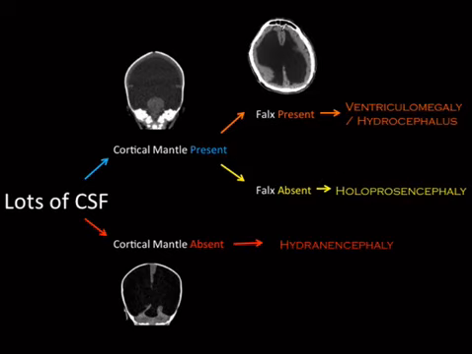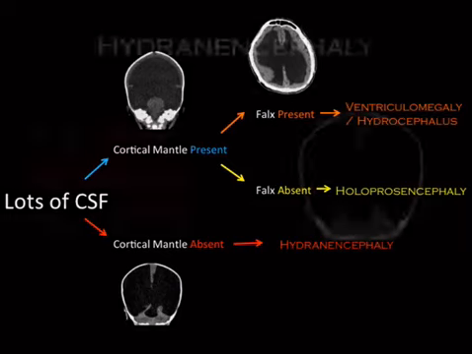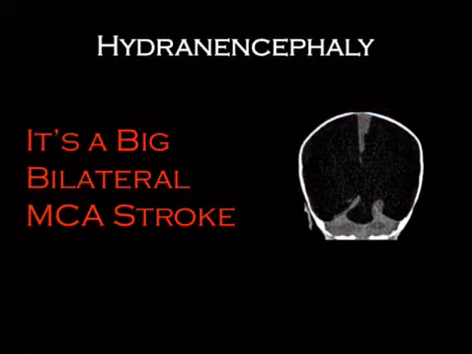If it's absent, remember the falx is a midline structure, holoprosencephaly is a midline problem, then that is what's going to lead you in the direction of holoprosencephaly. So as I mentioned earlier, hydranencephaly is just a large bilateral MCA infarct, and that's why it goes all the way out to the end. You didn't have any kind of midline cleavage problems, so you should still have your falx.